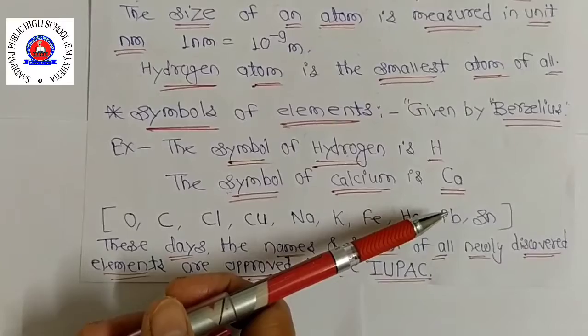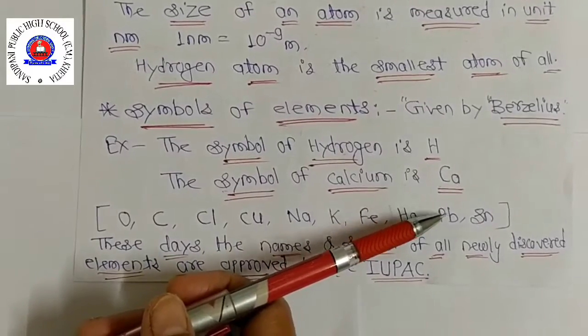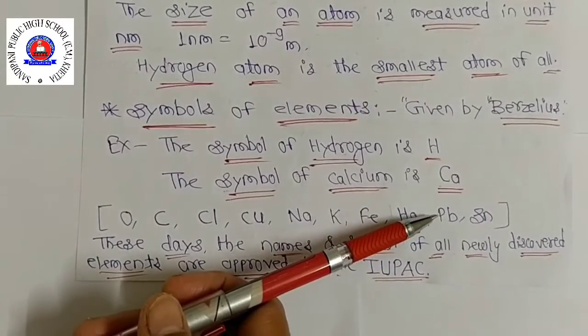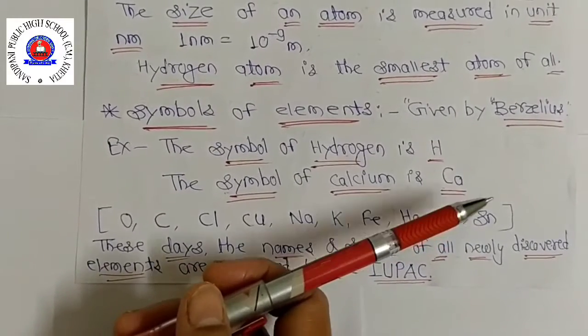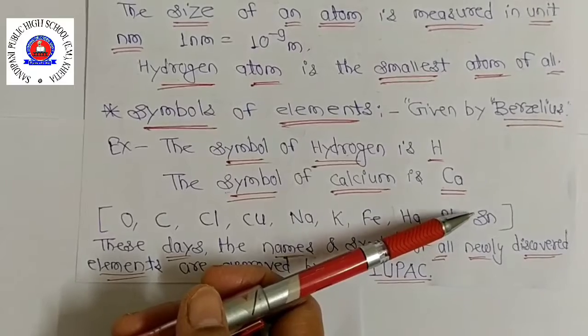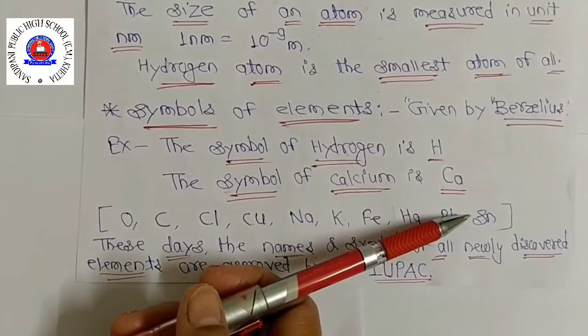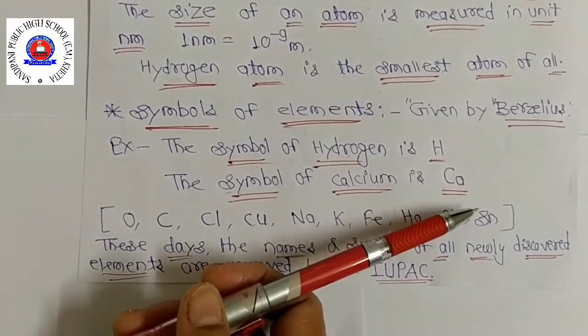Lead. So that Pb symbol comes from the Latin name, plumbum. And tin, English name of the element is tin, and that symbol is Sn. So that Sn symbol comes from the Latin name of the element, stannum.